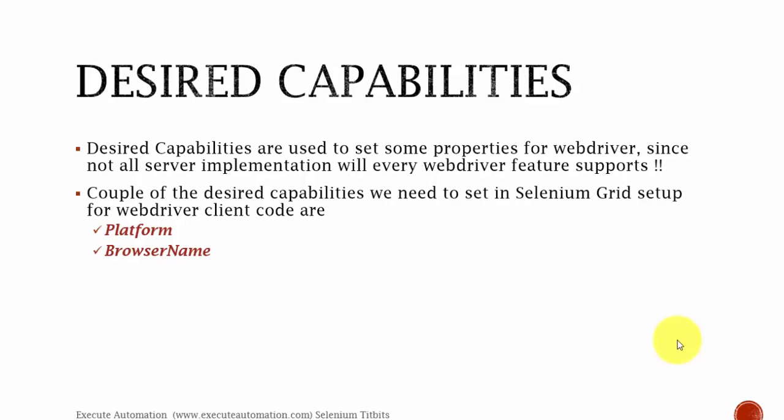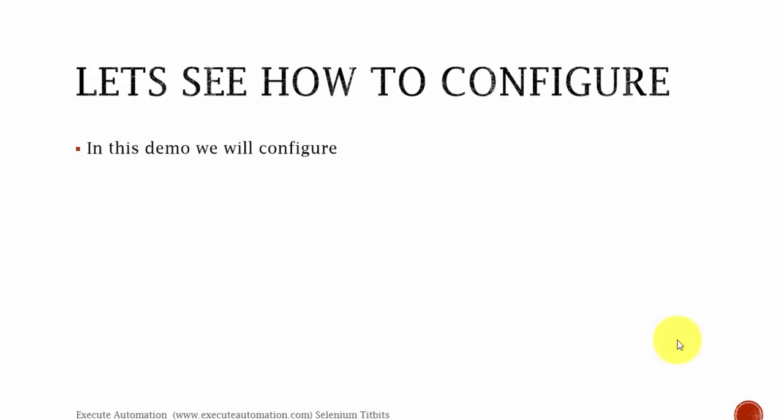These are the two keys and values that we need to set into the desired capabilities while trying to execute the Selenium grid setup, right? So let's see all these configurations in a demo instead of just talking about them in a theoretical manner. All right. So for that, let me first flip to the command prompt.